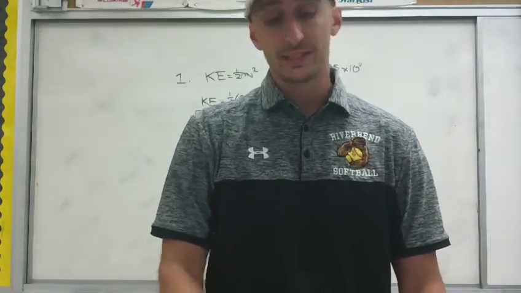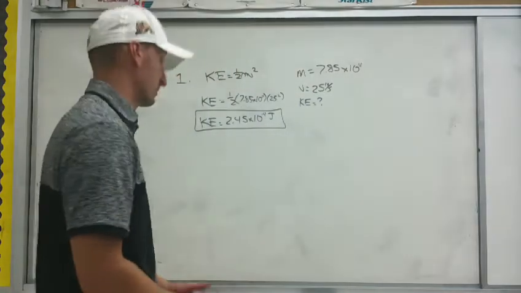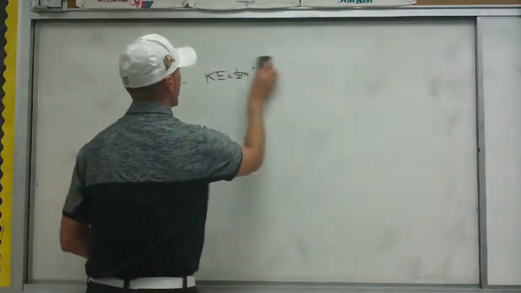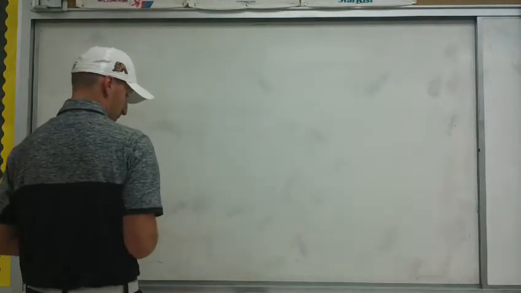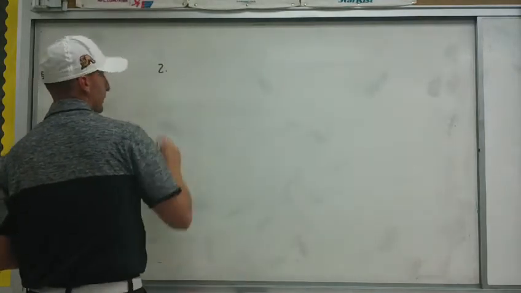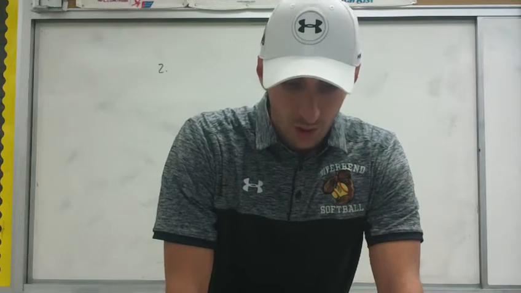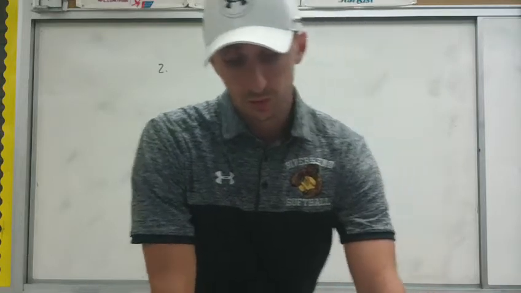Number two is the same thing except for potential energy. Just checking to see if you're able to use the potential energy equation. So let's go ahead and do that. Number two says you lift a 2 kilogram textbook from the floor to a shelf 2.1 meters above the floor. What is the gravitational potential energy relative to the floor?